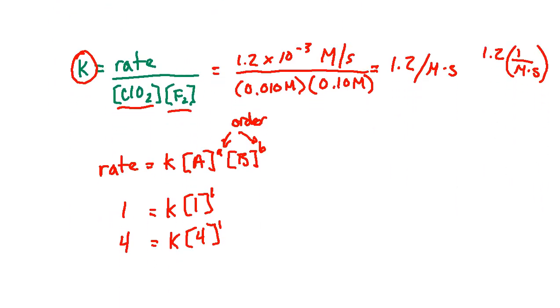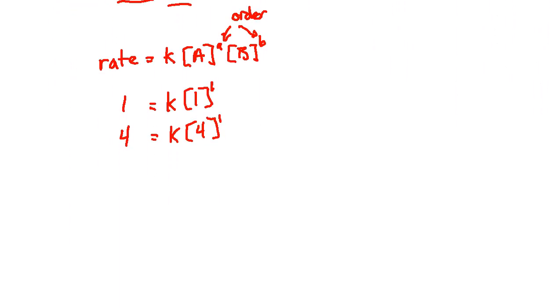So I can rewrite this rate law by saying that the rate of the reaction I was examining is equal to its rate constant, which we already determined, times the concentration of chlorine dioxide raised to the first power, times the concentration of fluorine raised to the first power, because both of these are going to stay exactly proportional in how they affect the rate.